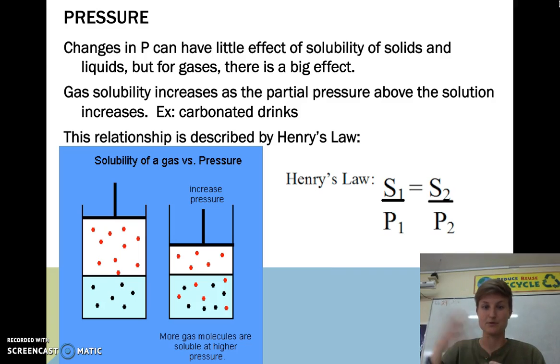As you release that pressure, you also are releasing the solubility of the gas. The gases then can leave the liquid. And that is described by Henry's law, which you can see here. You've got S1 over P1, and then that equals S2 over P2. That's dealing with solubility of the gas and the pressure of the gas.